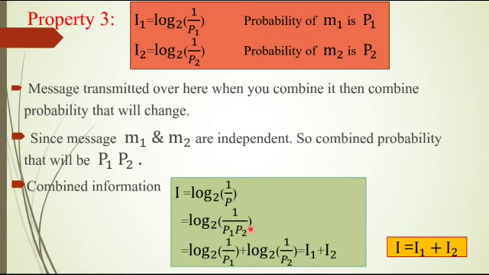Applying this formula, log base 2 of 1 by P1 P2 will be log base 2 of 1 by P1 plus log base 2 of 1 by P2. Log base 2 of 1 by P1 is I1, and log base 2 of 1 by P2 is I2. So I equal to I1 plus I2. So the third property is proved.